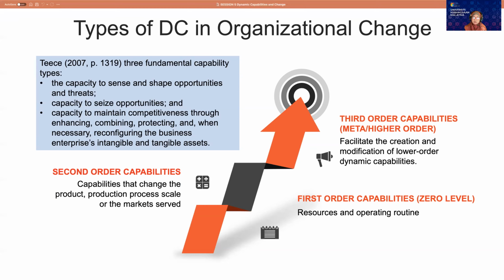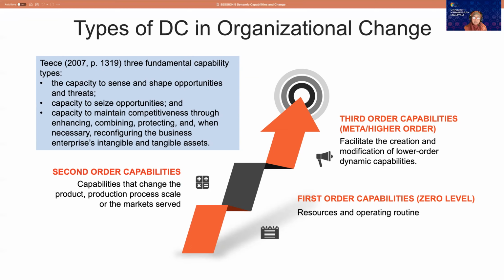Okay, so if the organization moves a level higher, they use the capabilities to change the product or the production process in order to make themselves more efficient.